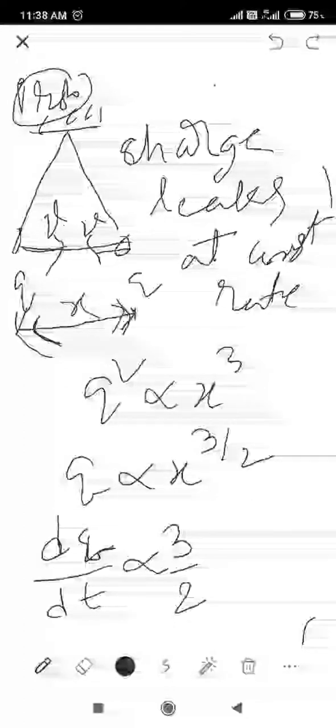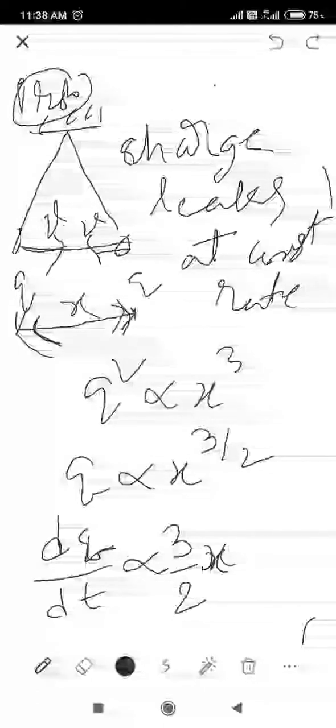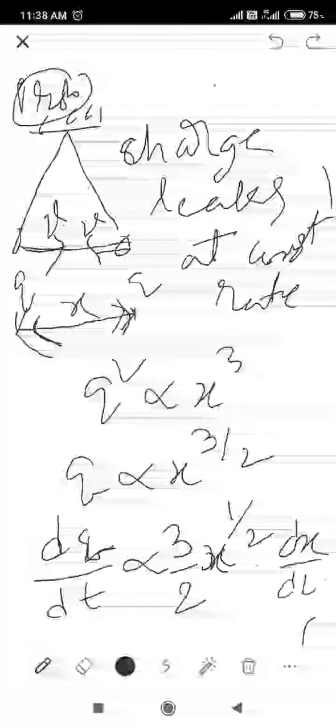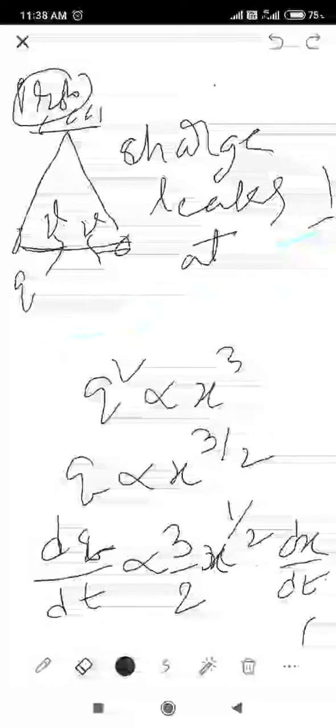Here n is 3 by 2, so 3 by 2 into x power n minus 1, that is 3 by 2 minus 1, that is 1 by 2, and we have to differentiate this x also with respect to time. Now see, in the question they are given dq by dt is constant.